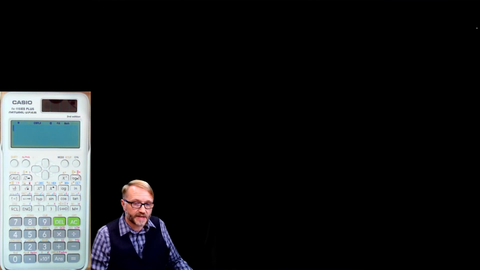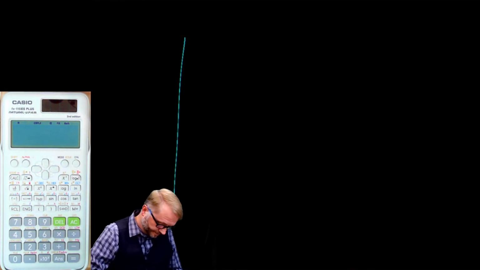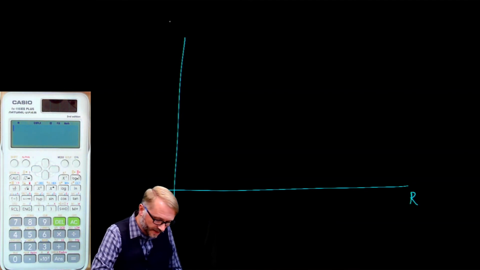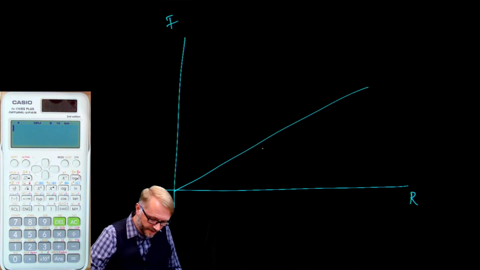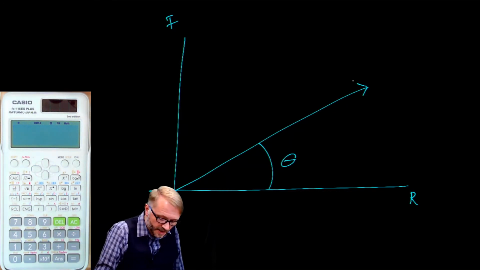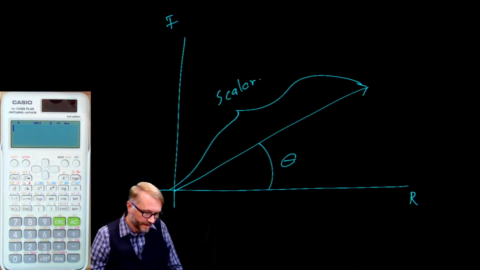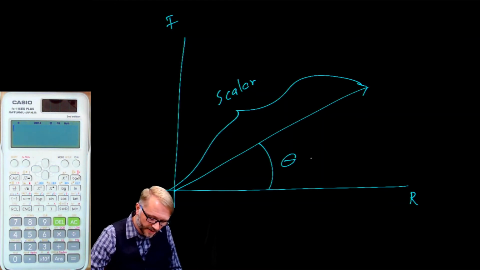Let's look at these phasors again. We have the real plane, the imaginary. We have a line. That line has an angle associated with it. Technically, these have arrows. We would call the length of this line a scalar, and we would talk about the angle.